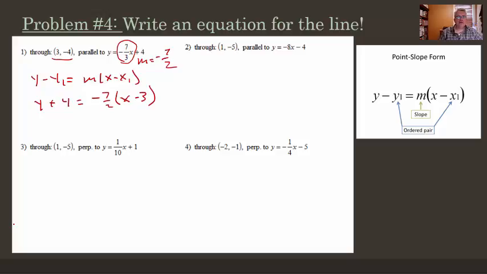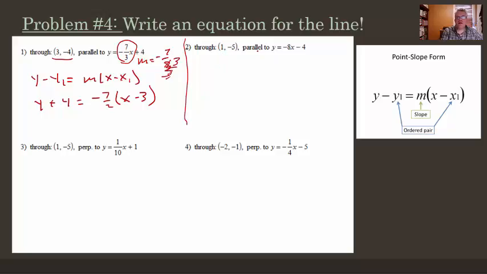Okay, I'm actually going to just leave it like that for now, but the point I want you to see is, what was the slope when I was doing this? This time the slope was equal to what we're given, and actually I see it should be negative 7/3, not halves, sorry. So that should be a 3. Okay, let's try this one.